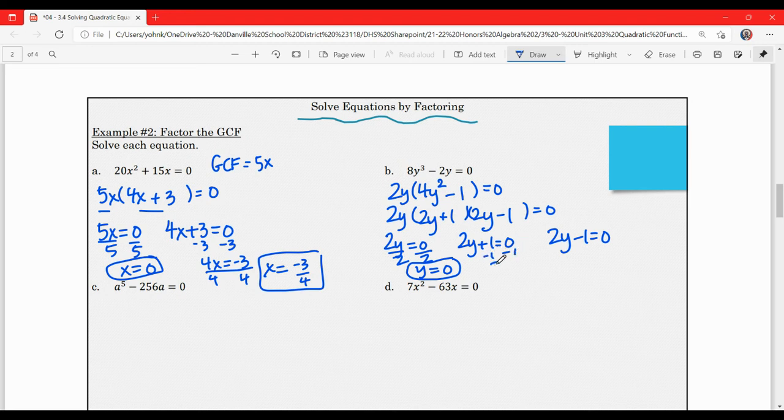Subtract 1, 2y equals negative 1, so y equals negative a half. There's my second one. And right here, I add 1, so I get 2y equals 1. Divide by 2, I get y equals a positive 1/2. So if I really wanted to, I could smush these together and say 0 plus or minus a half.